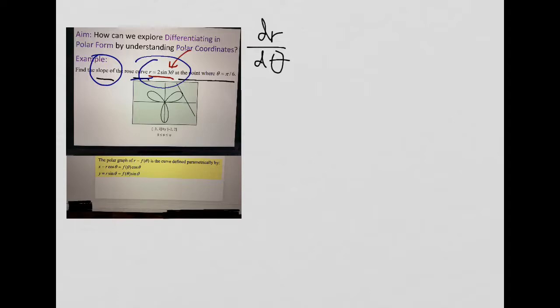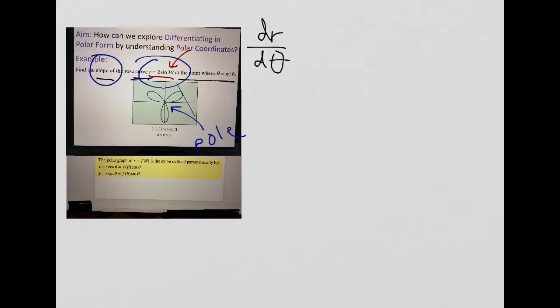That answer is going to tell you whether you're moving away from or toward the pole. We don't call it the origin anymore, it's called the pole. So if they ask you to find it in words, that's what you have to say: the rate of change of radius r away from or toward the pole, depending on whether it's positive or negative.